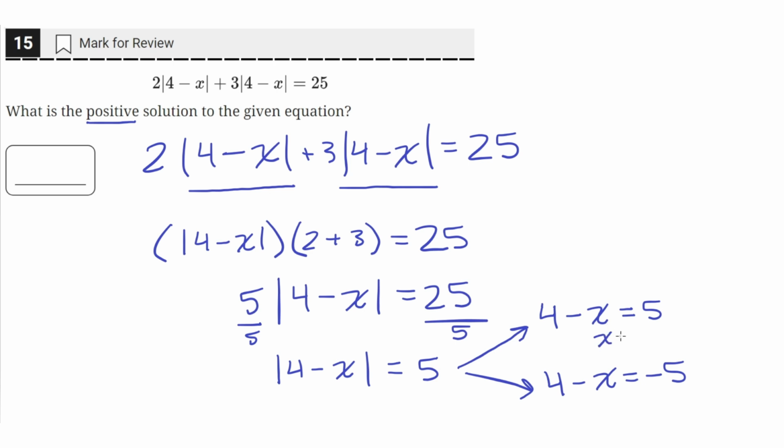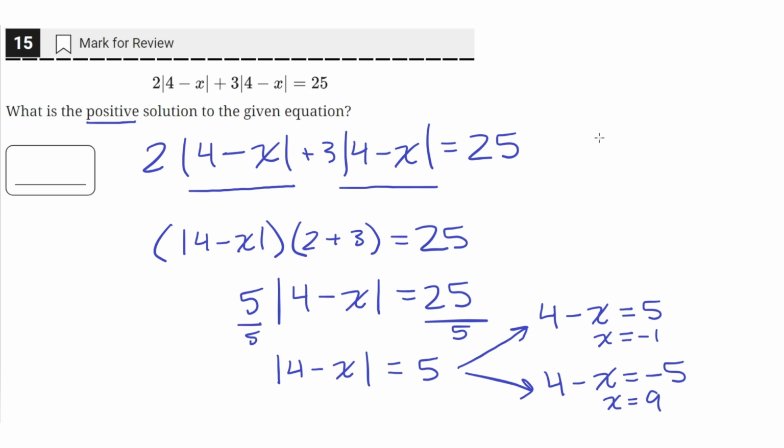So the first equation says that the value of x is equal to negative 1, since 4 minus negative 1 is just 4 plus 1, so 4 plus 1 equals 5. And then the second equation says that the value of x is 9, because 4 minus 9 is equal to negative 5.